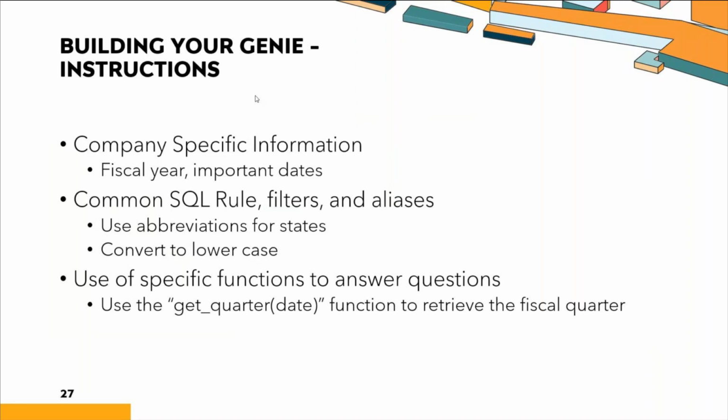Another one that's more specific, which I pulled from Databricks documentation, is you can create special functions within SQL, user-defined functions from Spark too. You can make those work. So if you have a special function, like get quarter to convert a date into quarter one, quarter two, you can just tell it to do that, and it should hopefully follow it. That's kind of the goal. So provide it instructions to get to your specific answers.